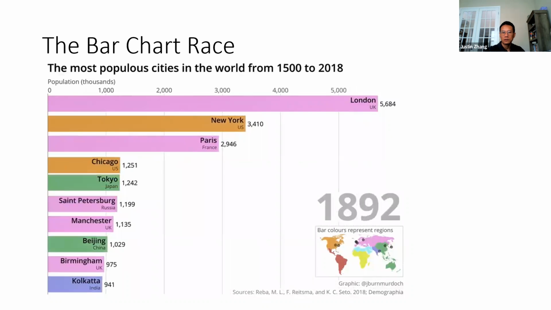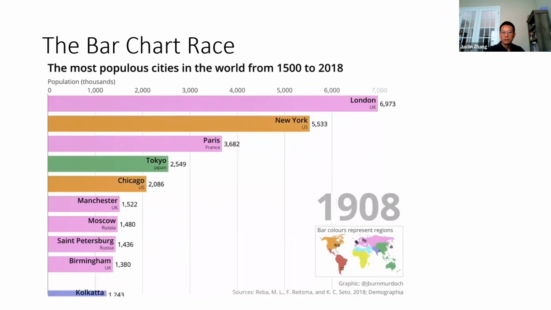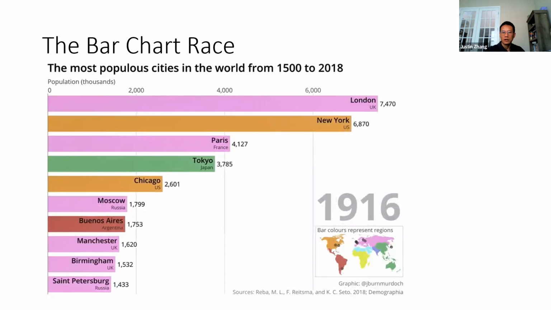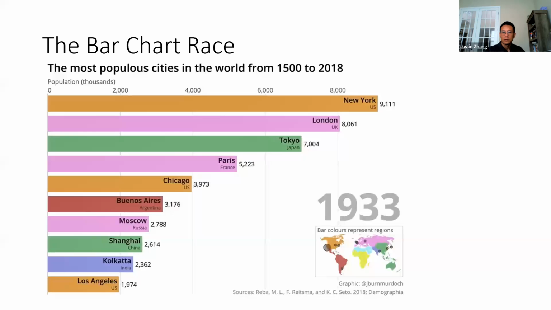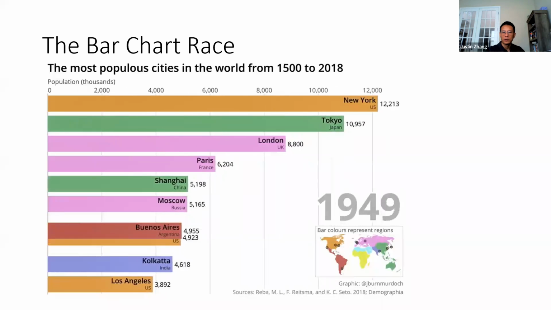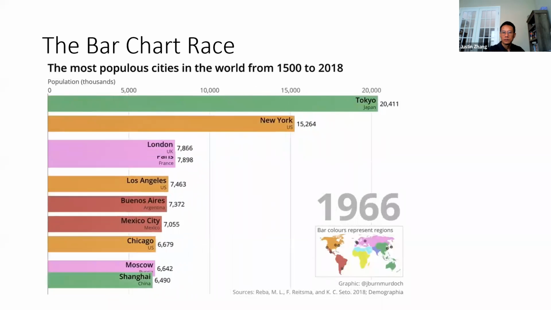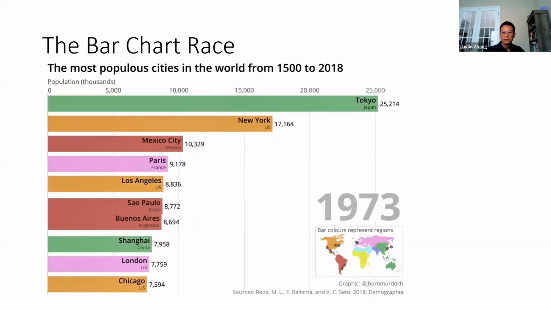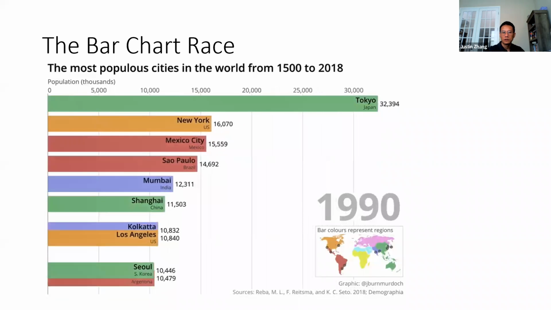So New York started to overtake London, and around 1930 became the city with the most population. Then Tokyo. In Mexico City.